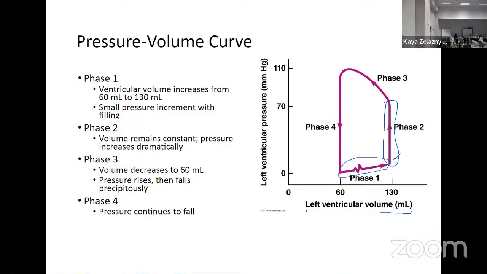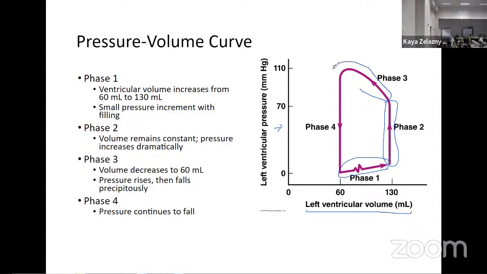So this phase 2 is that isovolumetric contraction, right? So that straight up part, okay? No changes in volume. That's why it's straight up. All we have changing is pressure. That pressure is changing dramatically, though. During phase 3, ventricular ejection, we're still squeezing, right? So the pressure is still rising, okay?